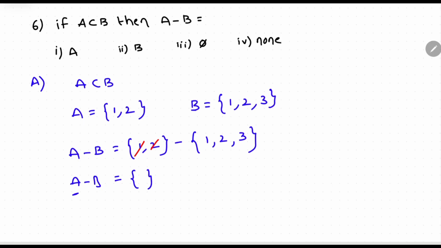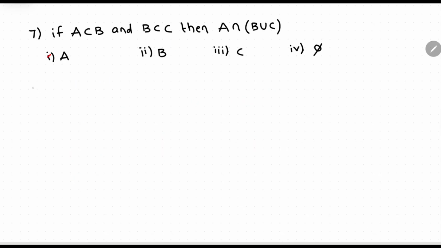Okay, so null set. Here A subset of B and B subset of C. Then we have to find A intersection of B union C. Here A is a subset of B, so I'm taking A equals to, for example, 1 comma 2.